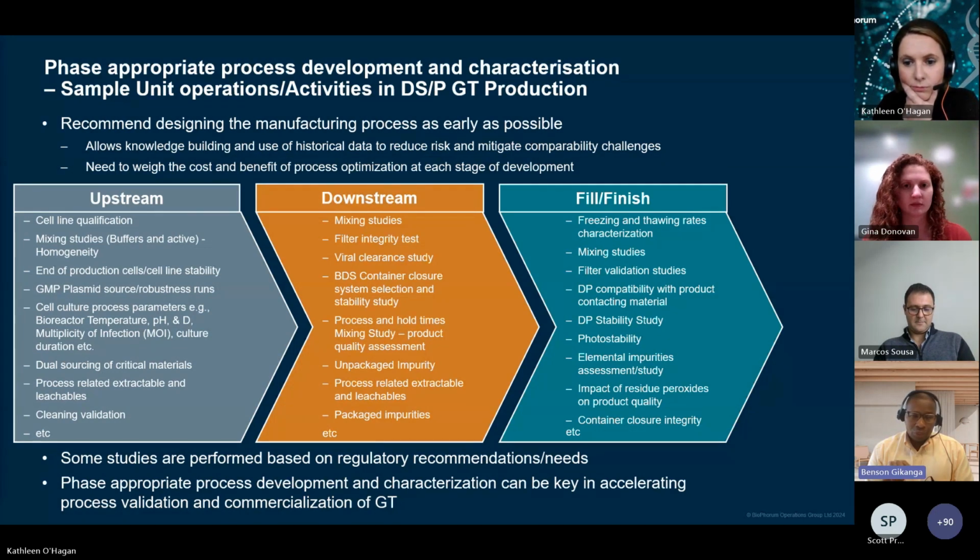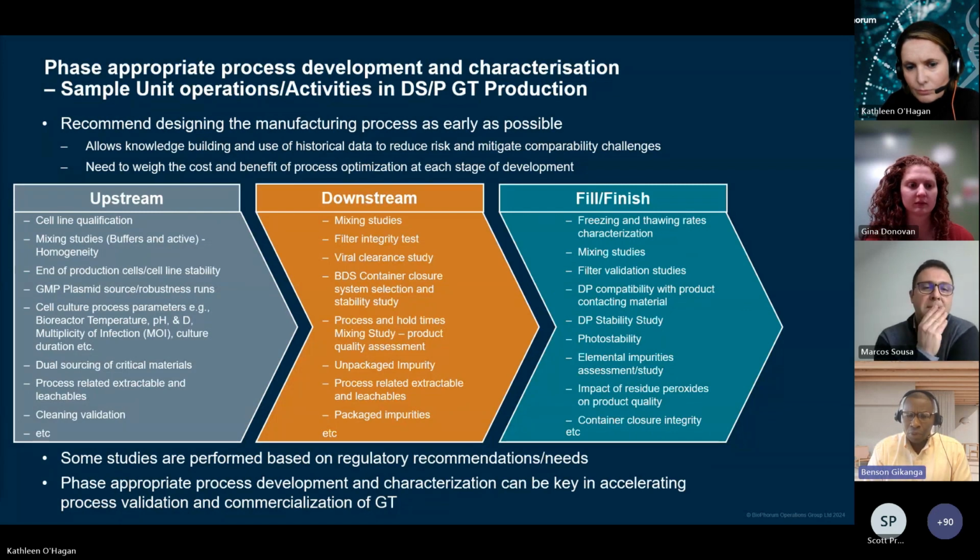Based on that, we try to see, we know that there is regulatory consideration and also a business consideration. How can we use those opportunities to accelerate a molecule development to get to the validation and commercialization sooner? So a few things that as a team we were thinking about.